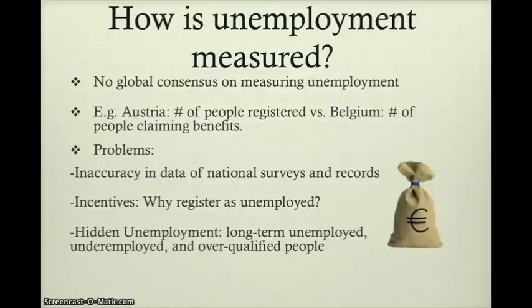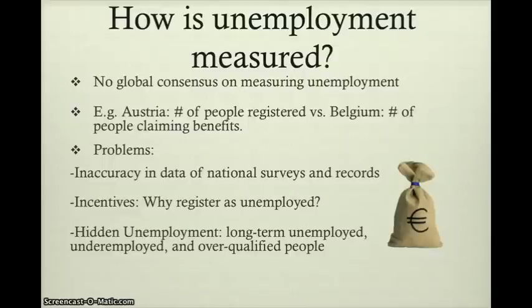Also hidden unemployment. For example, long-term unemployed people who have given up the search for jobs are no longer considered unemployed, as well as underemployed people. For example, someone working a part-time job but would prefer a full-time job is not considered unemployed. And finally, overqualified people.